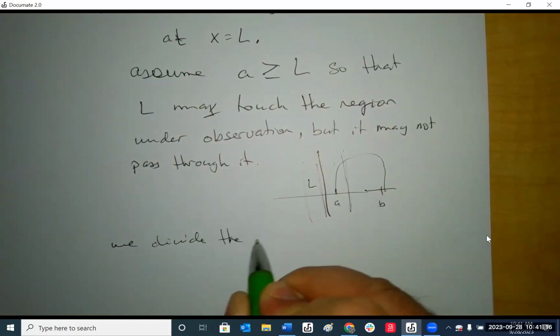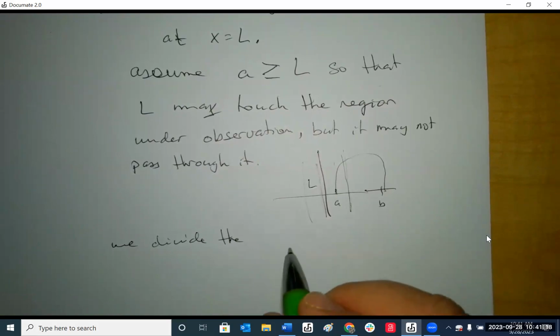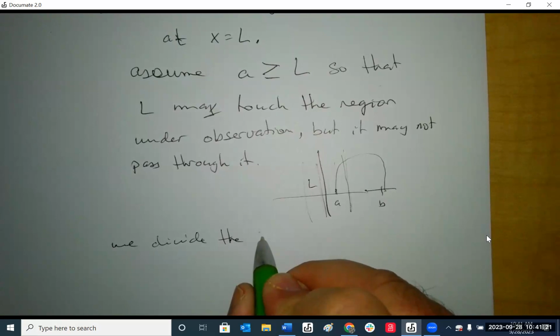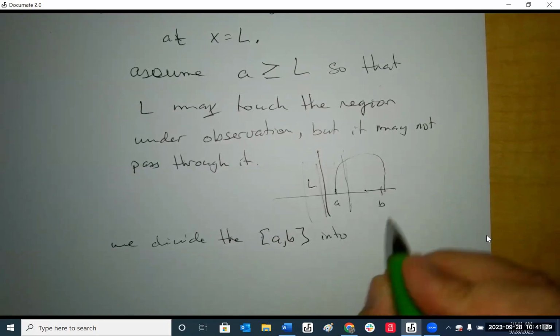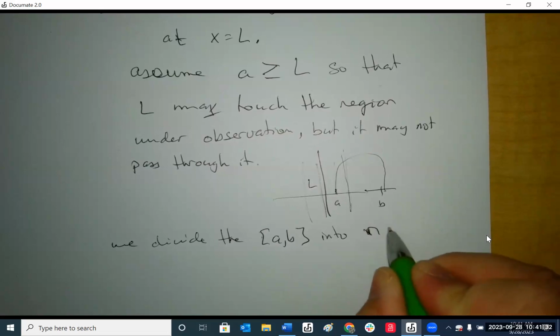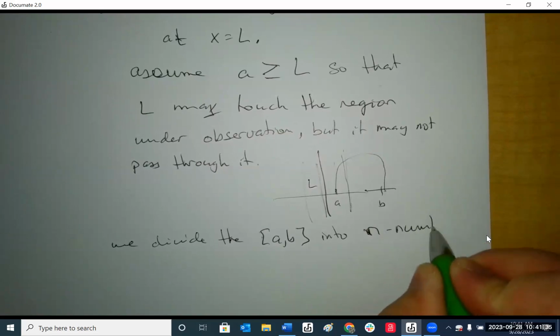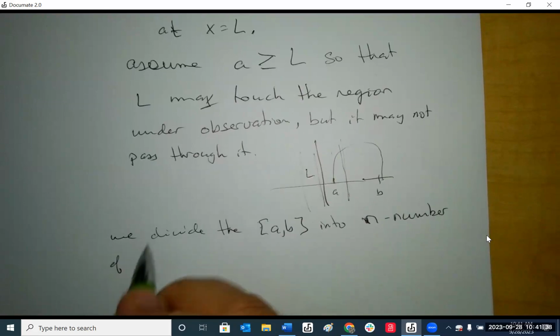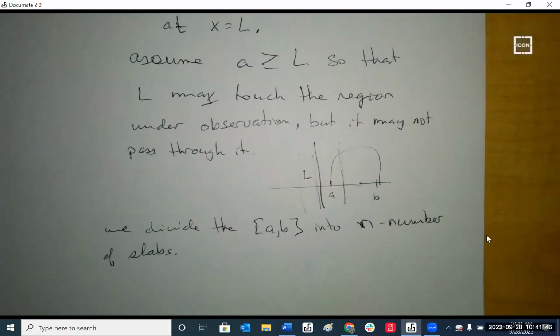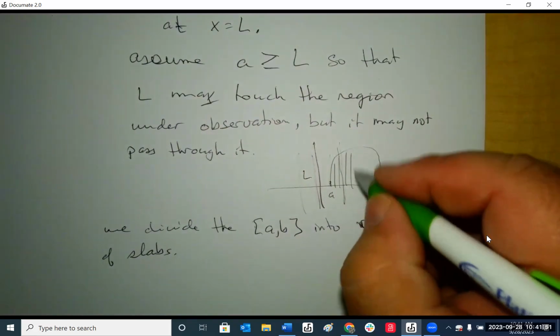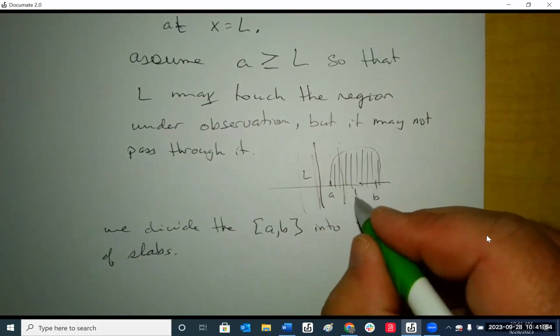We divide the interval into n number of, I call them slabs right now. So this is being carved up into pieces like we have been doing. These are all our delta x's.